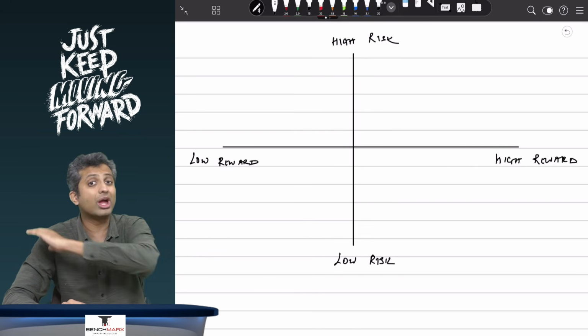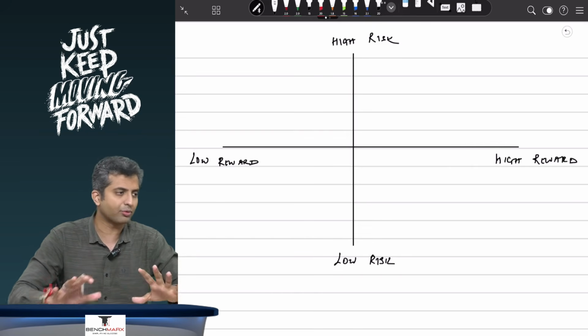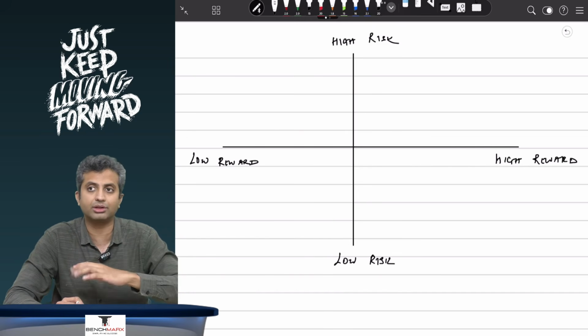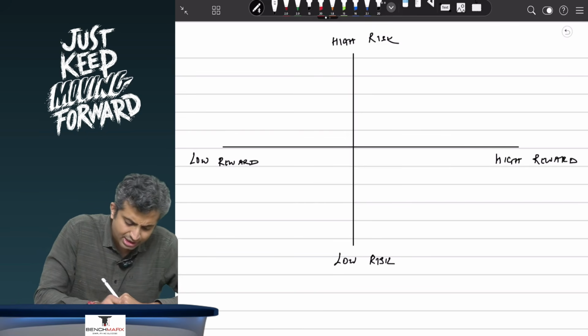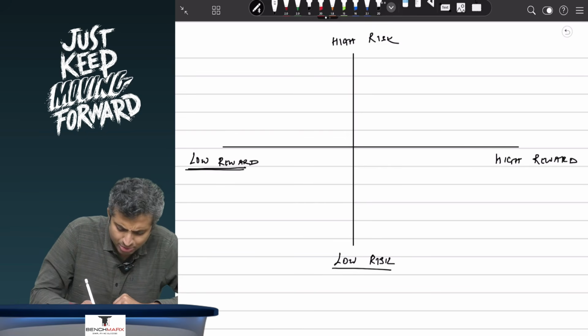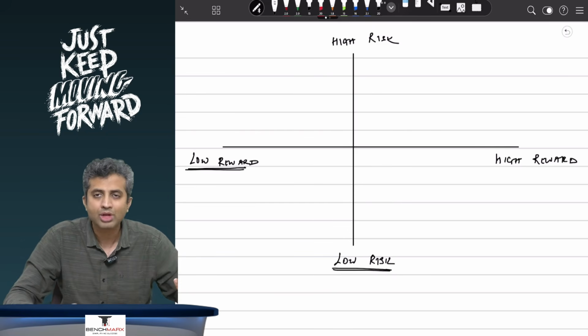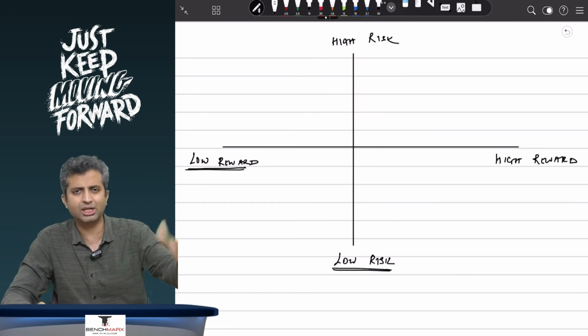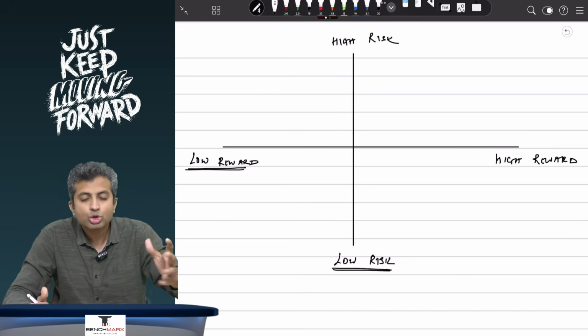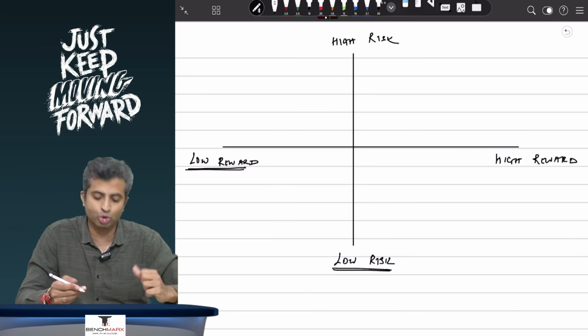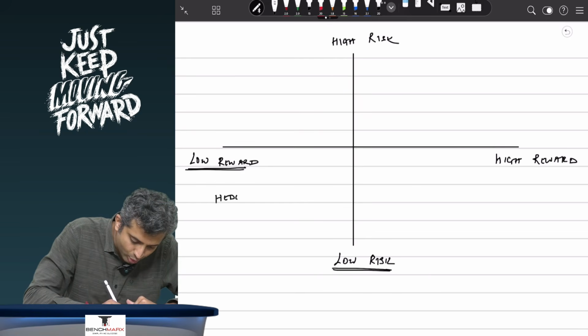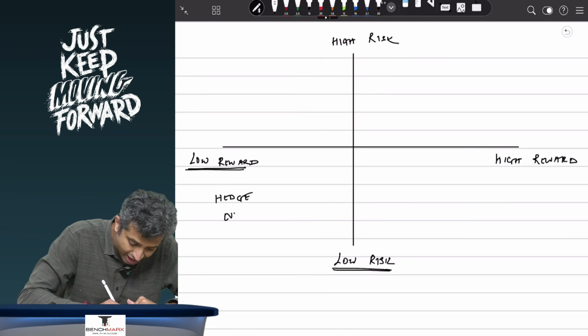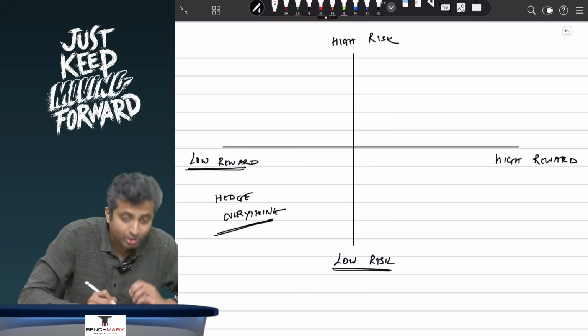Either you decide to hedge everything under the sun. So whatever is your foreign currency exposure, you will hedge everything. In this case, you will get low reward and there will be low risk, because you're hedging everything. But because you're hedging everything, even if you're having an adverse rate, let's say banks are quoting a very high forward rate, you don't care, you directly hedge. So you're not selectively deciding what to hedge, what not to hedge. Your policy is to hedge everything at whatever is the rate available, not selectively deciding whether it is worth hedging or not.